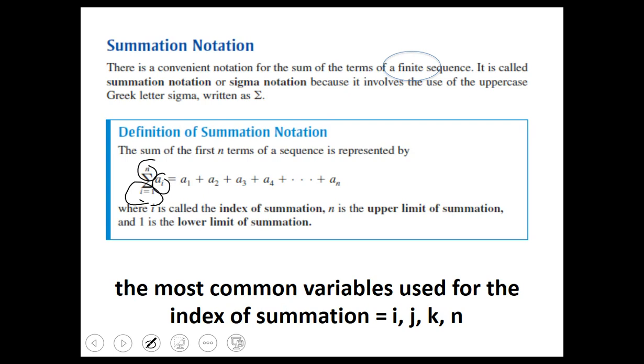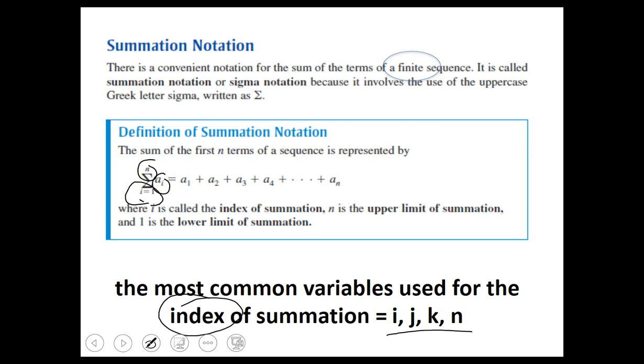Whatever the variable is called the index of summation. The most common variables used for the index of summation are i, j, k, and n, and usually in the lowercase form. I will use them all interchangeably. So if ever there comes a time where you have to pick a variable, you can feel free to choose any of them, but those are the most typical ones.